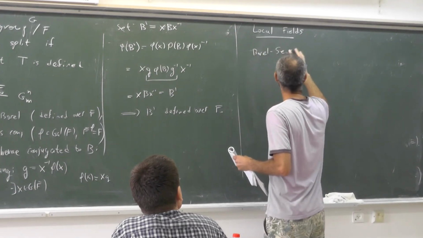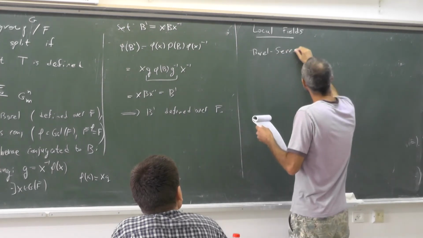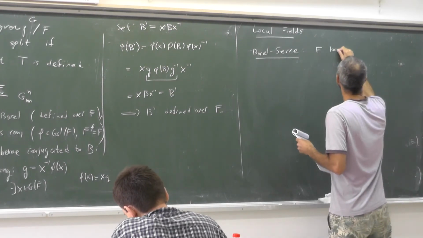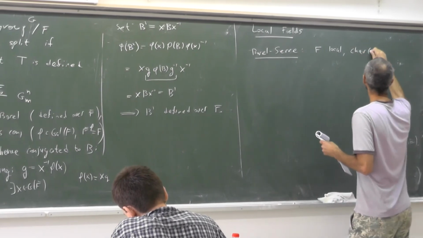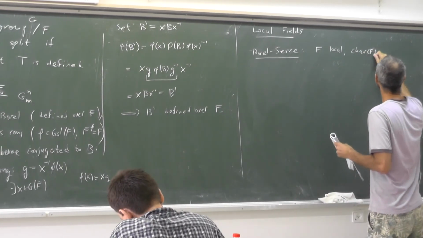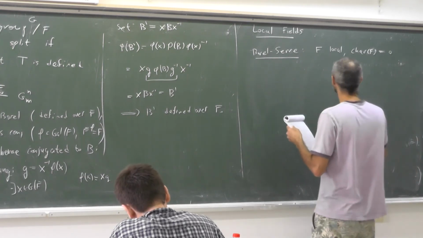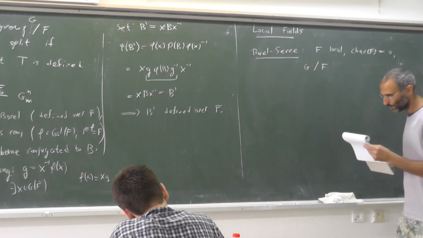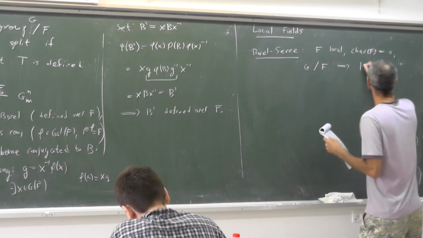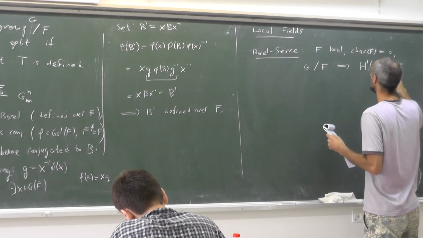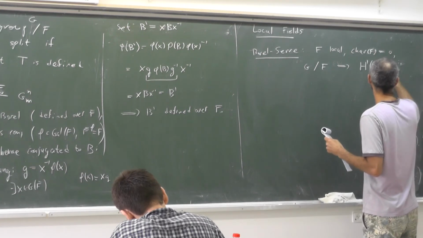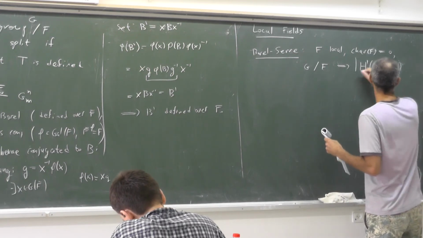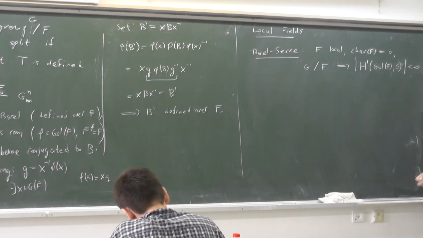So the famous theorem of Borel and Serre says that if F is local of characteristic 0, and G is an algebraic group defined over F, then H^1 is finite.